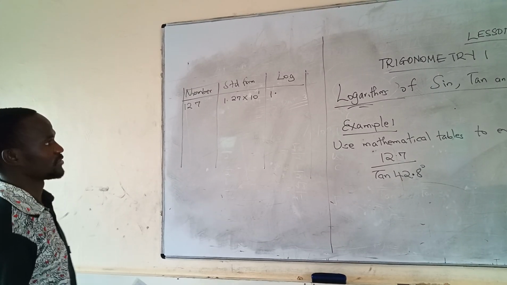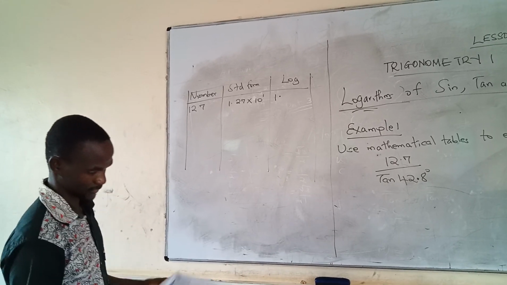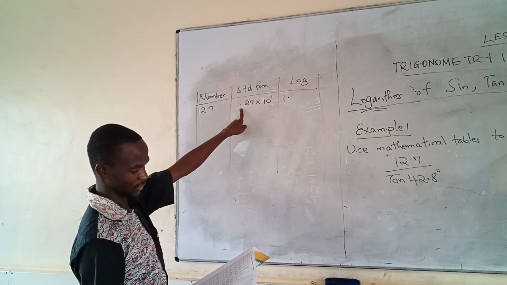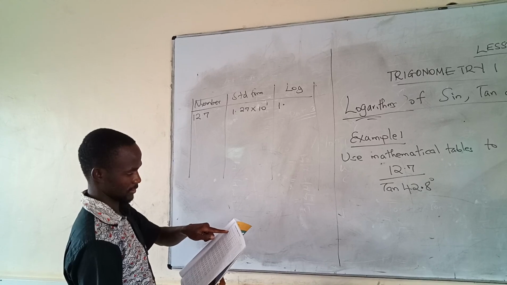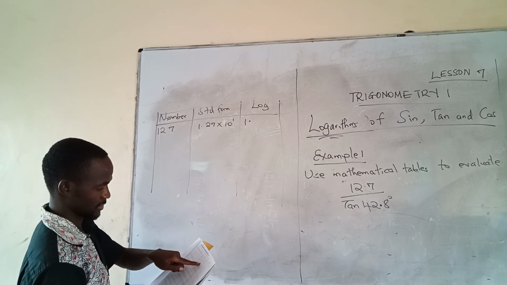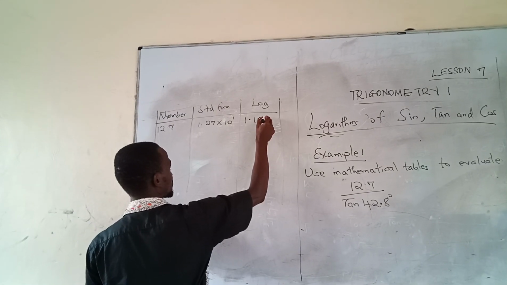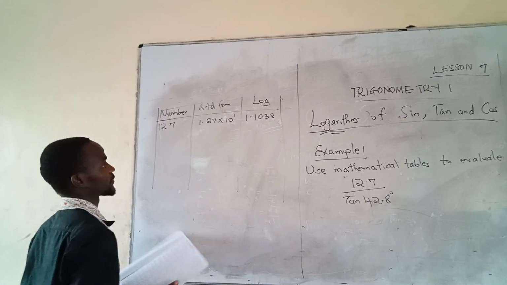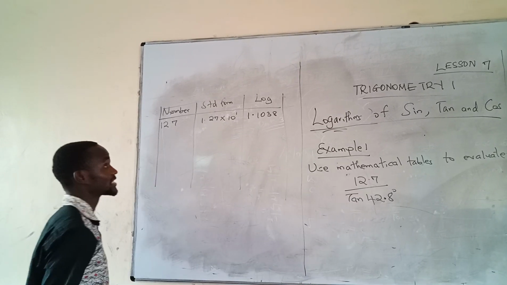Then we just go back to our natural logarithm of numbers. We look for the log of 1.27, which is 0.1038. 0.1038.